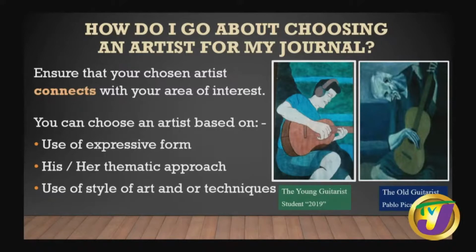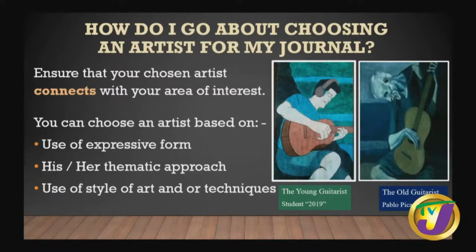Sure. One of the things that I really like about it is that these two images actually help to show, one, the alignment to the expressive form. So we know that this artist is influenced by Pablo Picasso. We also see the thematic alignment because at this particular point in time, Picasso clearly was exploring concepts related to music or musicians and instruments.